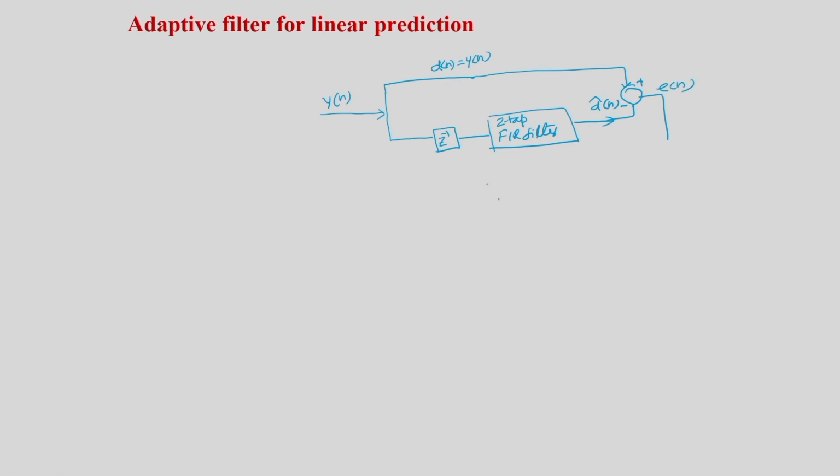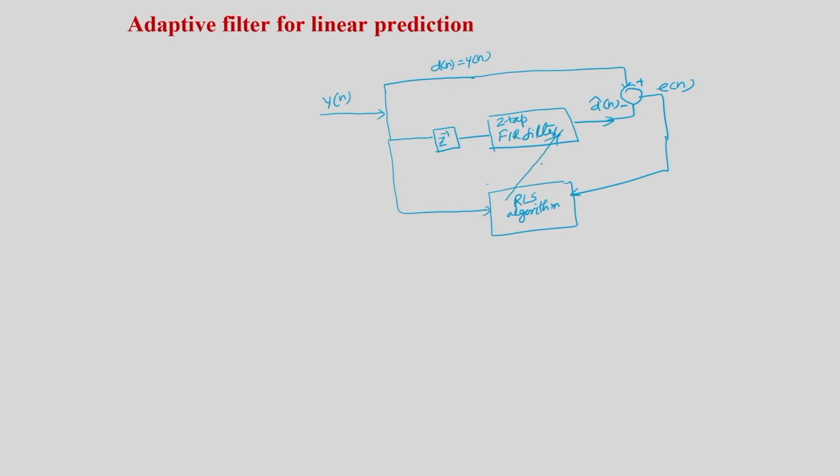Now we have the adaptive filter algorithm, that is the RLS algorithm here. This error will be passed to the algorithm, and the filter coefficients will be updated.